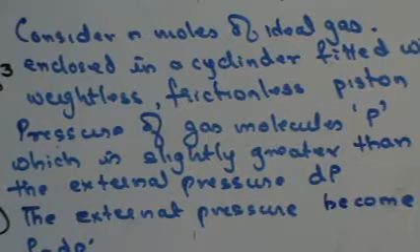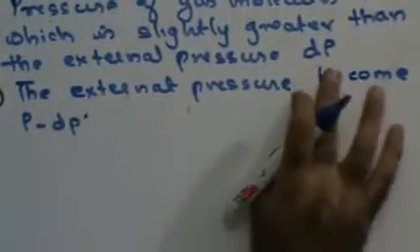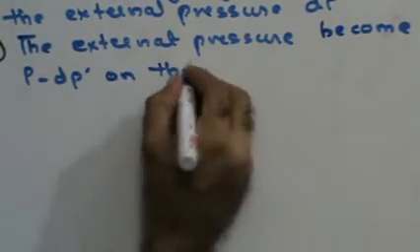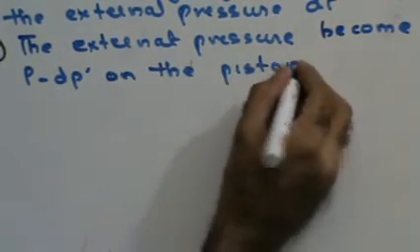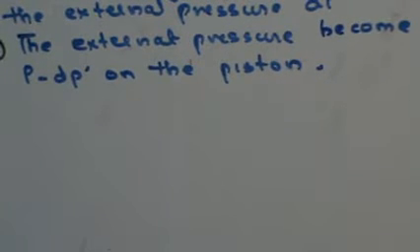The total pressure that is going to be exerted on the piston, the external pressure, becomes this much on the piston. The internal pressure, the pressure exerted by the gas on the piston, is P. The external pressure is dP. So the net pressure exerted on the piston is going to be P minus dP.